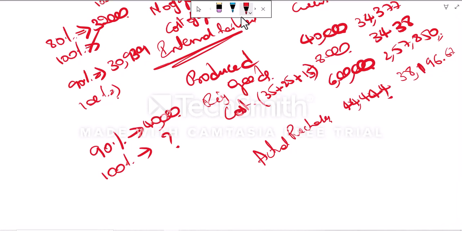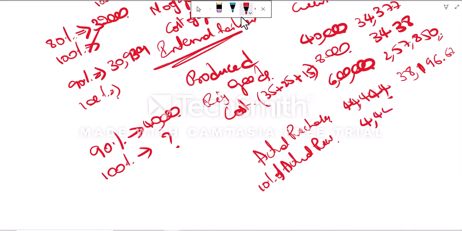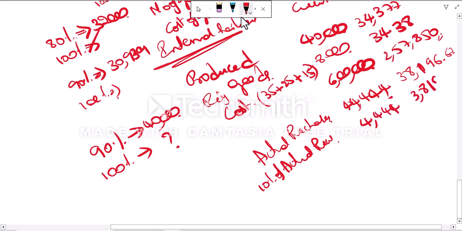Then how much purchases wasted? The scrapped goods means 10% of the actual purchases. Means in this 10%, 4,444. In this 10% means 3,819.767. This much purchases got wasted.